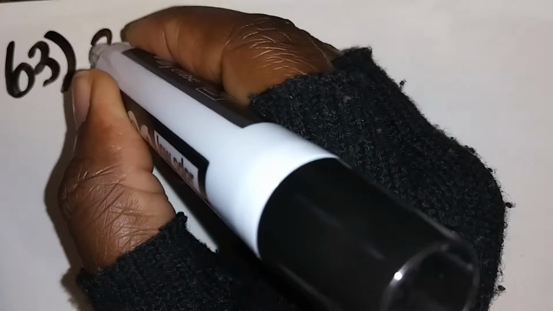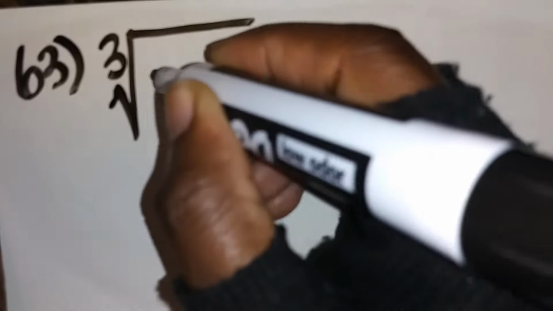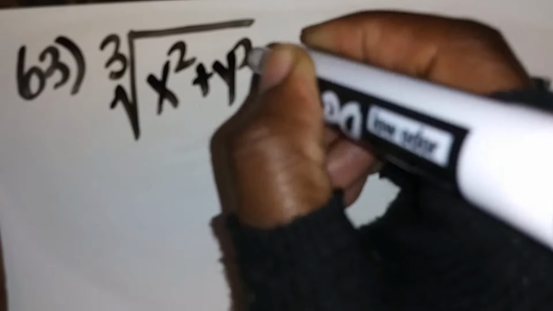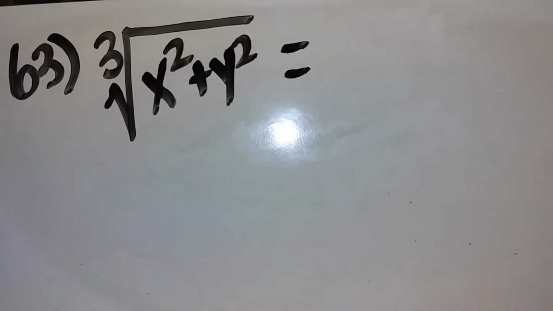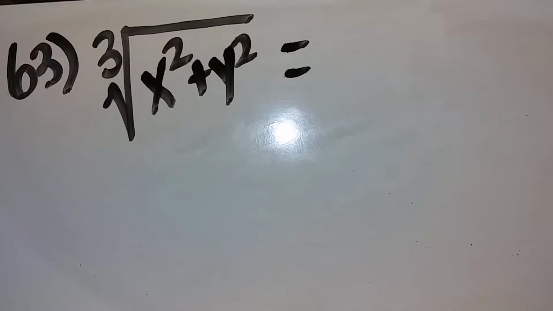Number 63. It has a cube root of x squared plus y squared. So be very careful here because it is added together. You cannot separate these parts. They're like one big family. You have to keep them together.